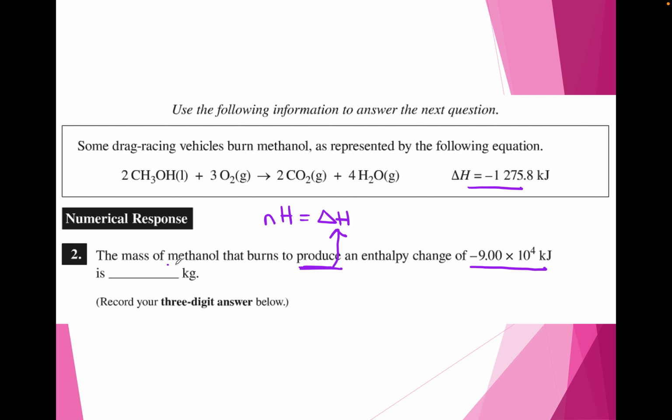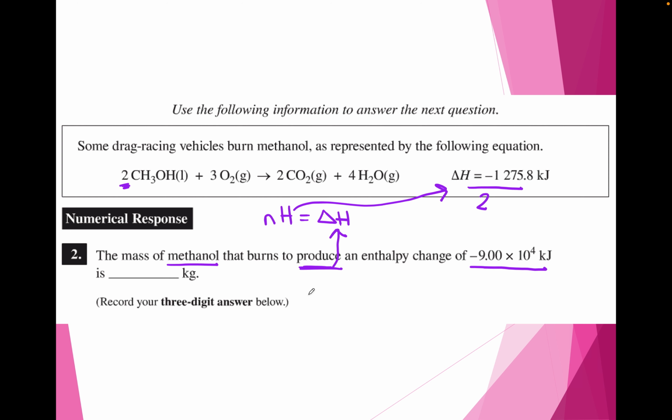It's asking about methanol. So the molar enthalpy, this H value, we're getting that from the reaction, but you're going to have to divide it by 2 because there's 2 moles of methanol that this reaction is representing. So we can fill in those values, and then we want to solve for n.